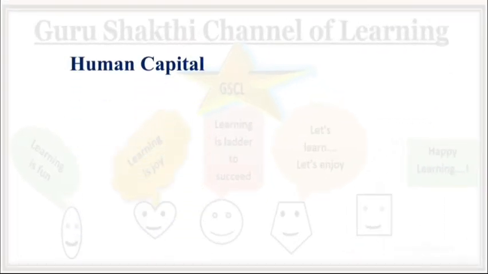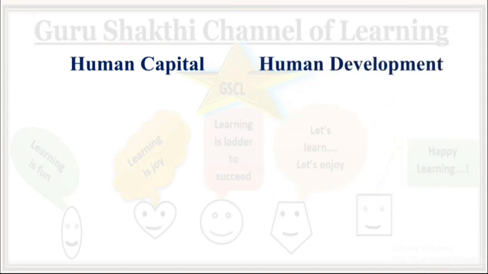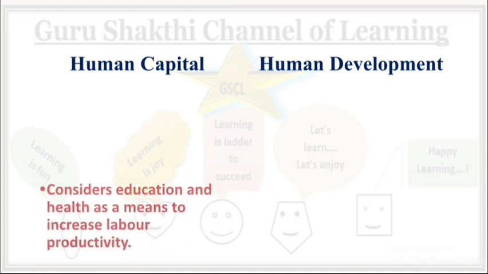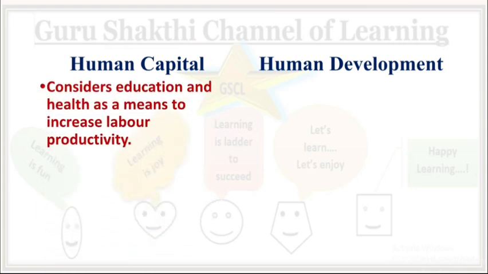Let's consider the differences between human capital and human development. Human capital uses education and health for the purpose of increasing labor productivity. That is, to make sure that the person becomes capable of producing goods and services effectively.